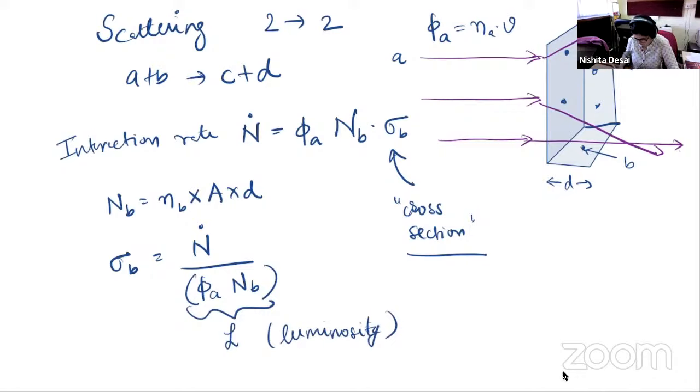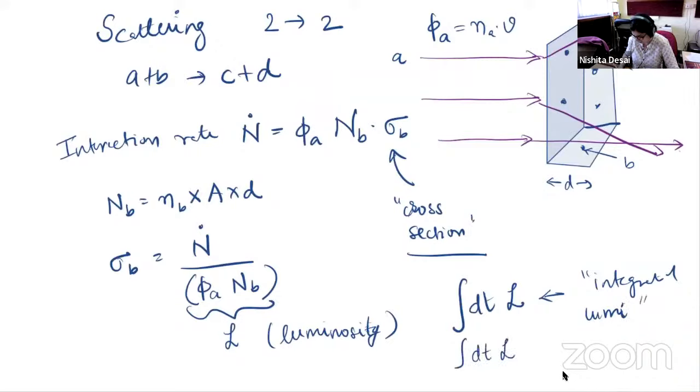And the other thing that you can do is if you integrate over time, so you run this experiment for some time t. So if you integrate over time, just the luminosity, this is what is called the integrated luminosity. So luminosity is often abbreviated as just lumi. And if you do this, sigma times the integrated luminosity gives you the number of reactions, right?